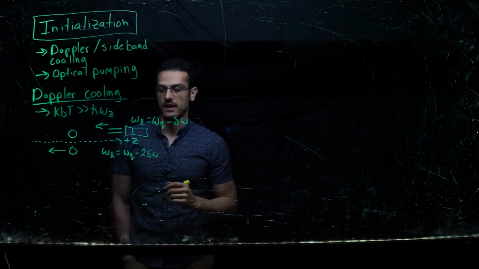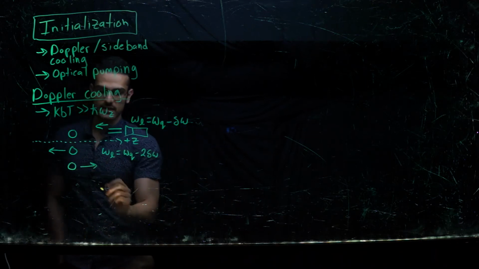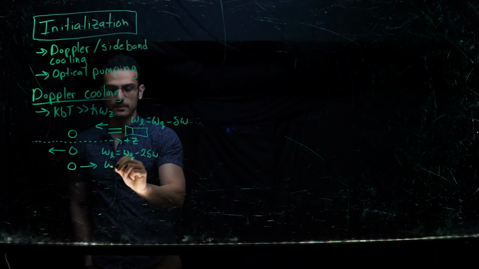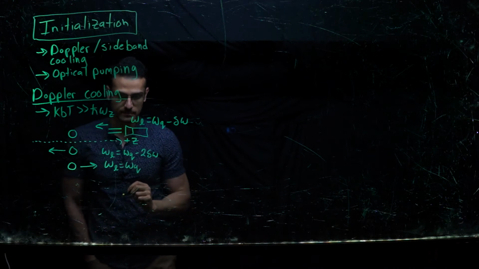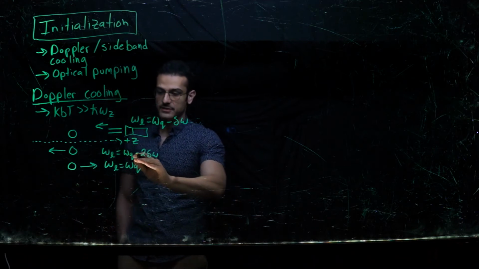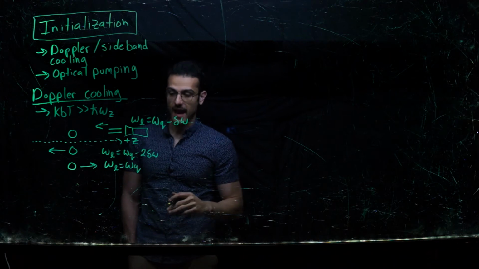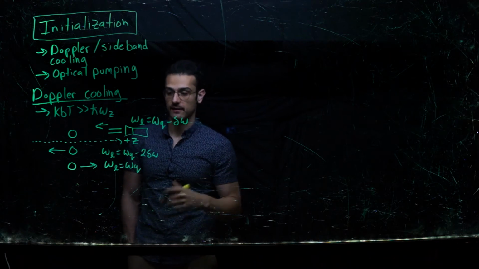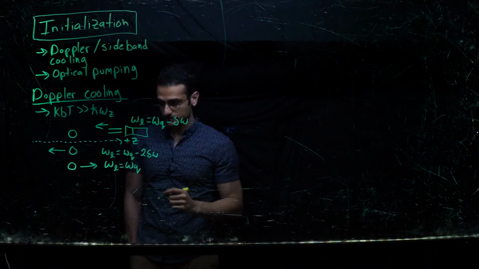So the laser won't interact with the ion. However, if the ion's moving towards the laser, the Doppler shift will be experienced in the other way. And so now the frequency of the laser will match that of the qubit, and the qubit is going to absorb the photon. So why does that help cool the system?